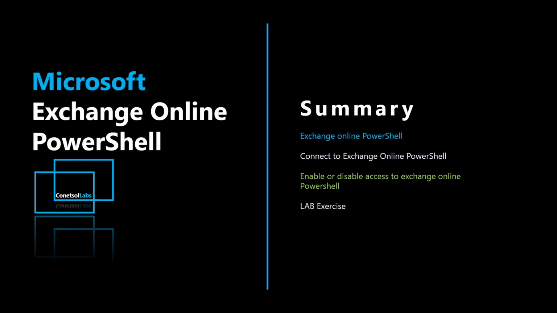We have also learned how we can enable or disable access to Exchange Online PowerShell, because we know by default access to Exchange Online PowerShell is allowed to every user in the organization. So administrator can enable or disable the access to Exchange Online PowerShell. We have also performed all these steps in our lab exercise.